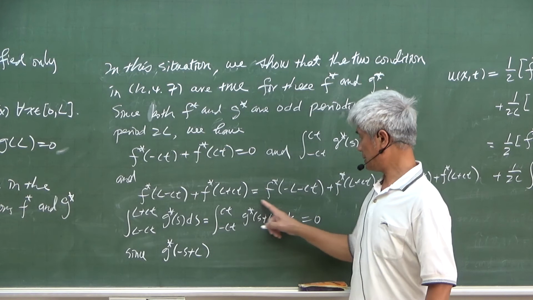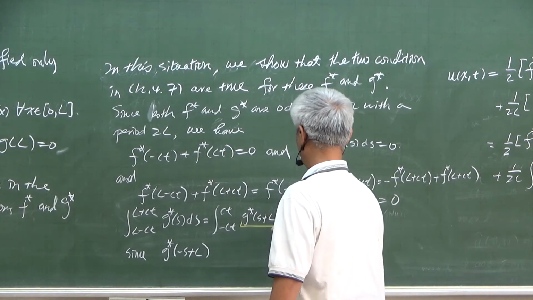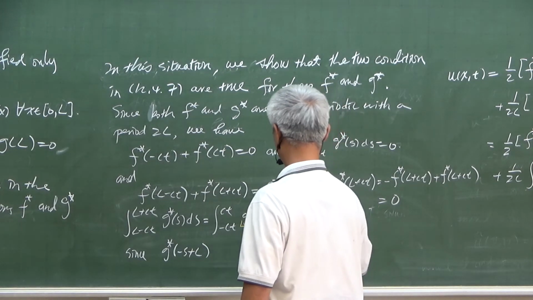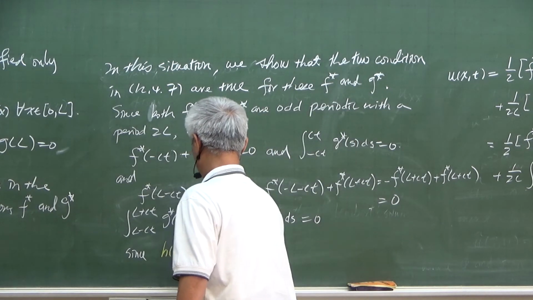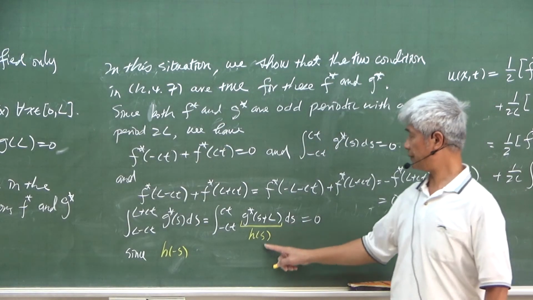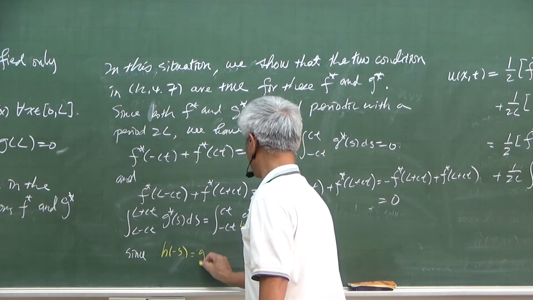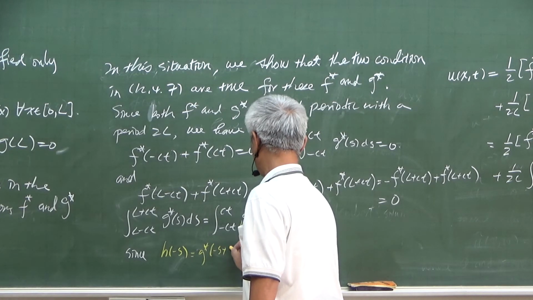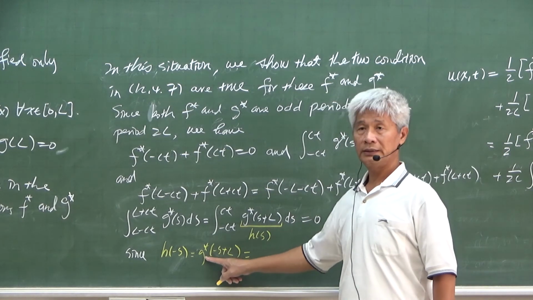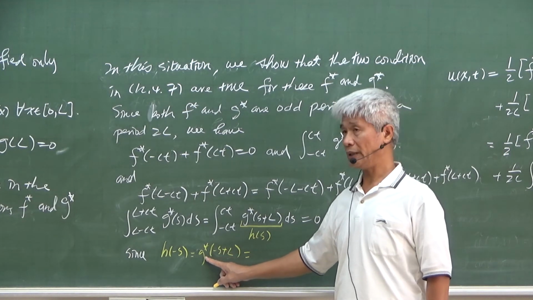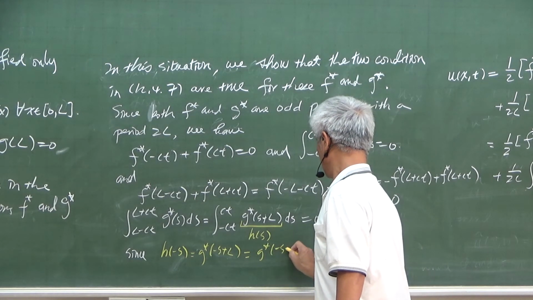we consider this as a function of x, so we can think about that this is h of x. So we think about h of minus x. We prove h of x is odd. h of minus x is equal to g star of minus x plus L. And because g star is periodic with period 2L, so we subtract 2L and we get the same thing.